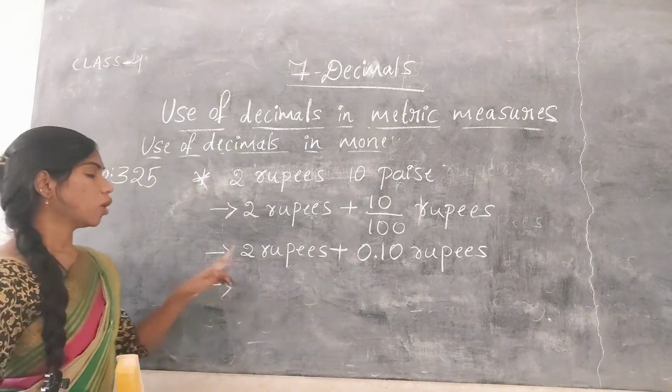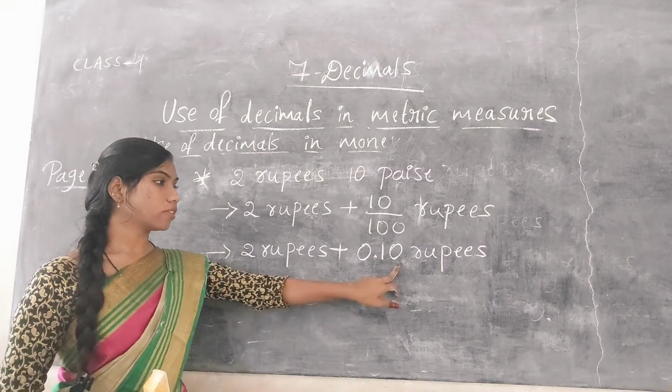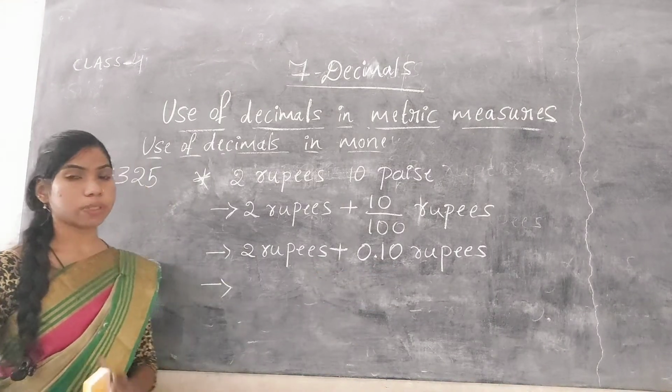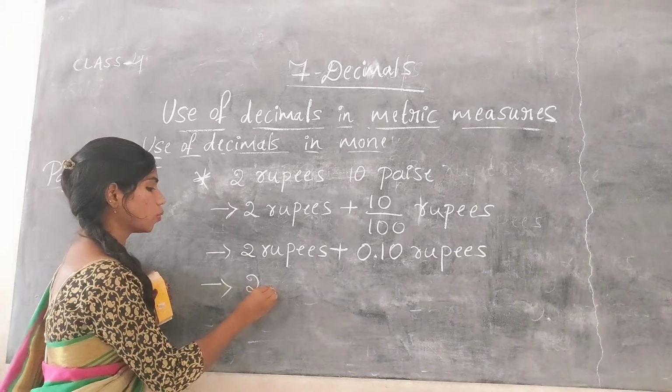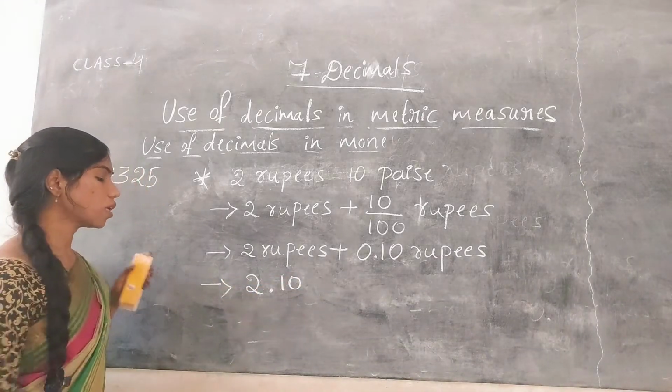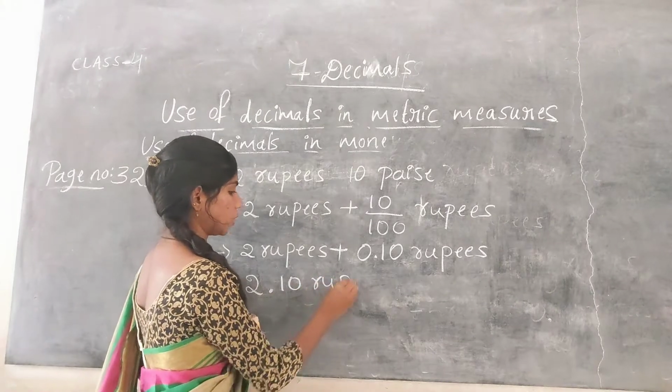And now add 2 rupees and 0.10 rupees. Then it becomes 2.10 rupees.